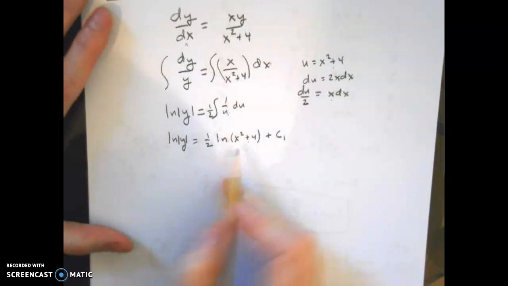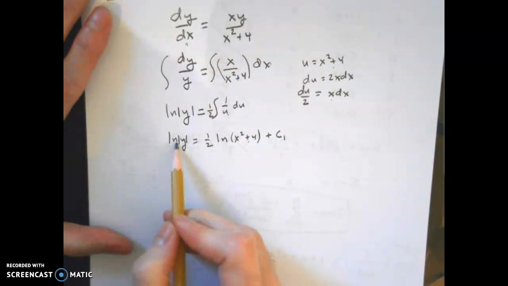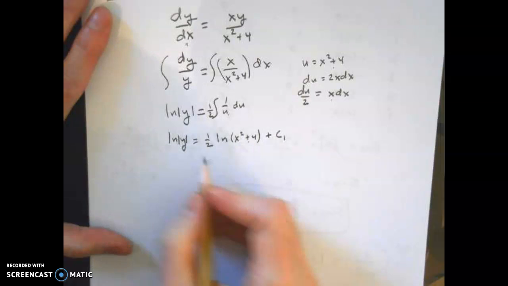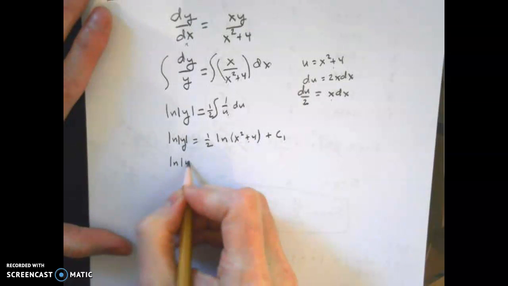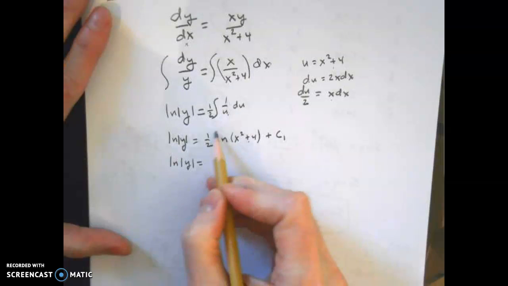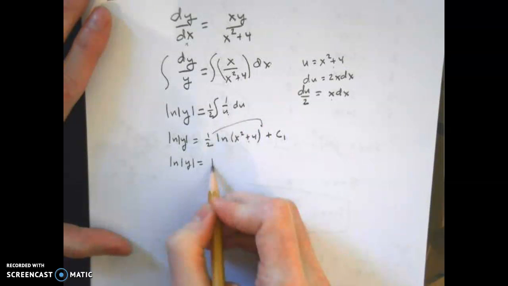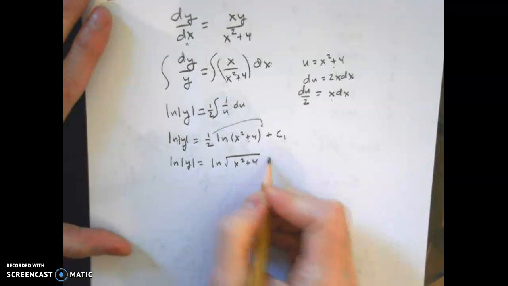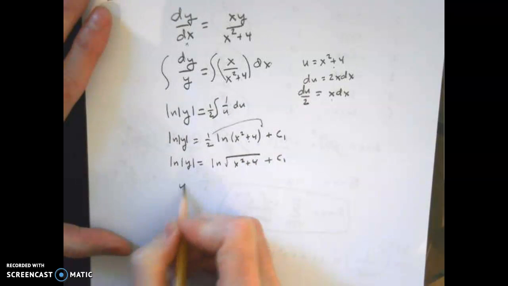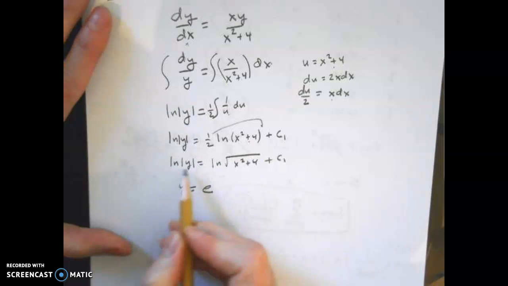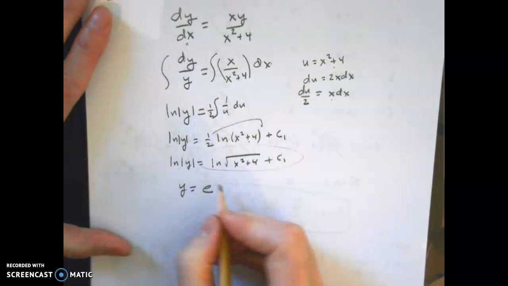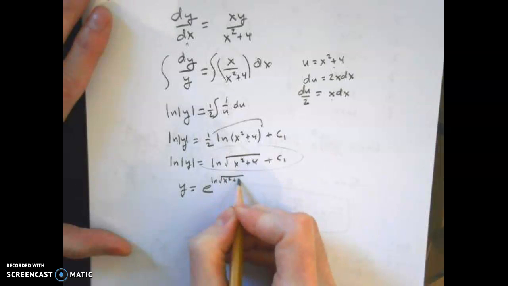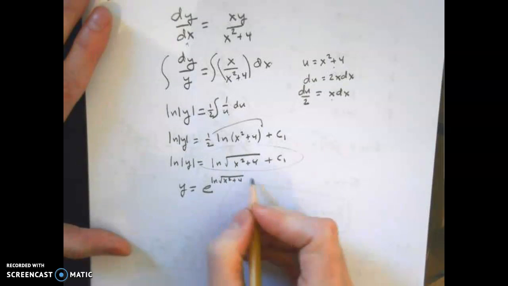When we rewrite this to get the y by itself, we do e to this entire thing equals y. Actually, before I do that, this 1/2 gets bumped up here as an exponent, so we have the natural log of the square root of x squared plus 4, plus c1. So we get y equals e to the natural log of the square root of x squared plus 4, plus c1.